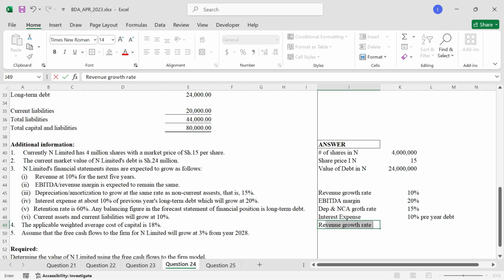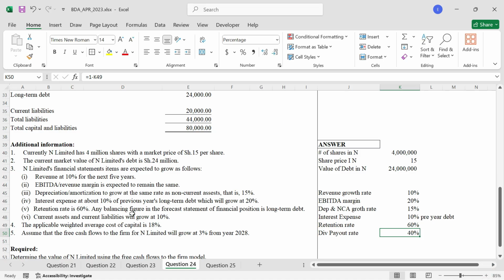Then I have my retention rate being 60%, and if my retention rate is 60%, my dividend payout rate is 1 minus 60%.